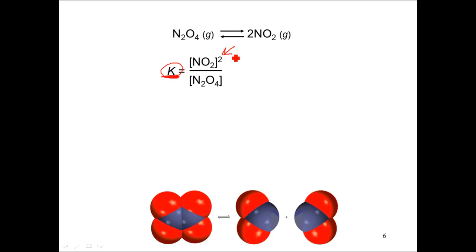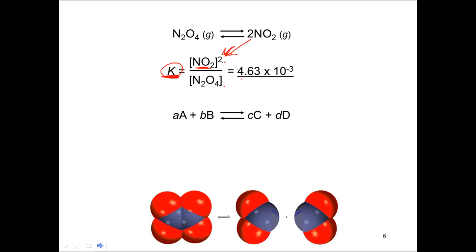And again, notice it is what we've been used to doing with our enthalpy and our free energy, etc. You put the products over the concentration of the reactants, but pay attention to those coefficients. That is the concentration of the product raised to the power of that coefficient, divided by the concentration of the reactant. And again, from our earlier table, we saw that K is 4.63 times 10 to the minus 3.